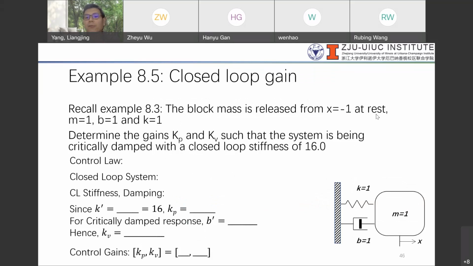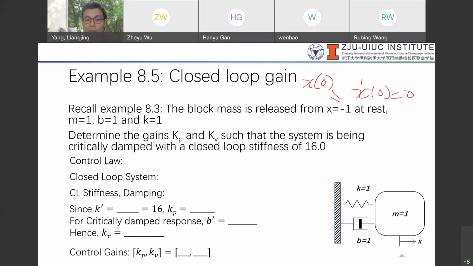So at rest, meaning x dot 0 equal to 0. All right. So initially your x dot 0 equal to 0, and this part here is actually x 0.